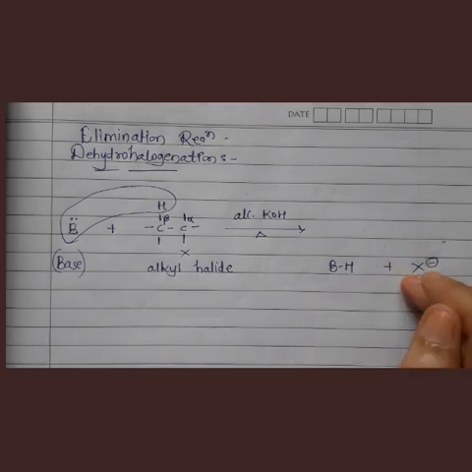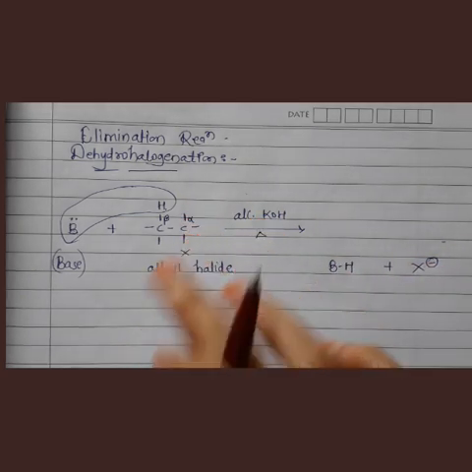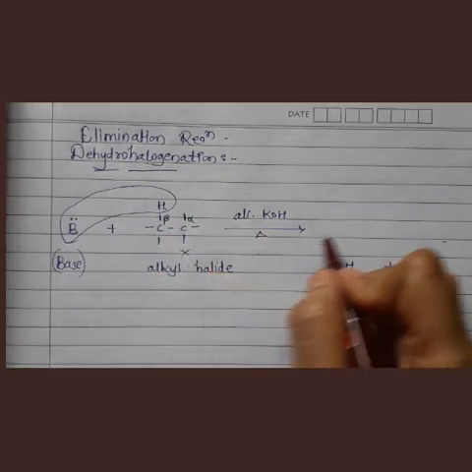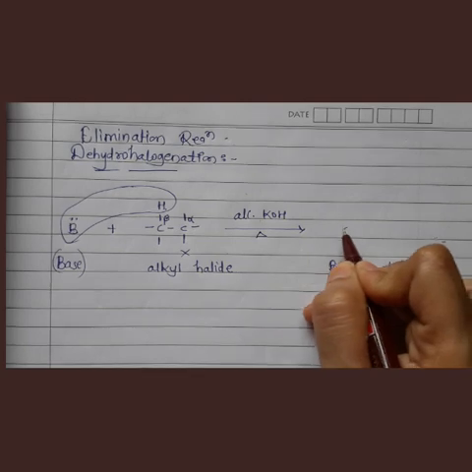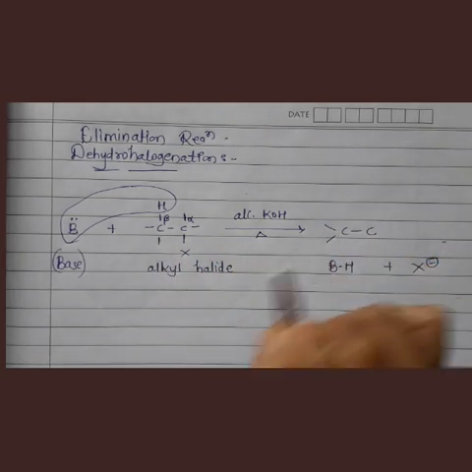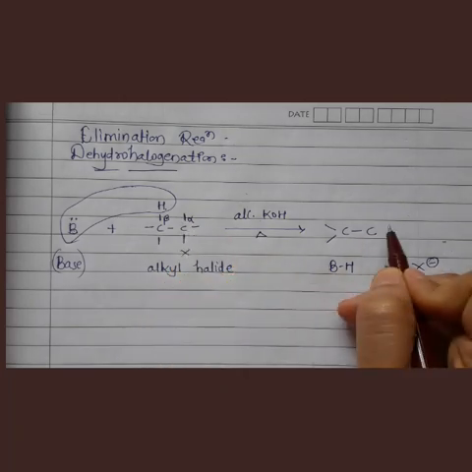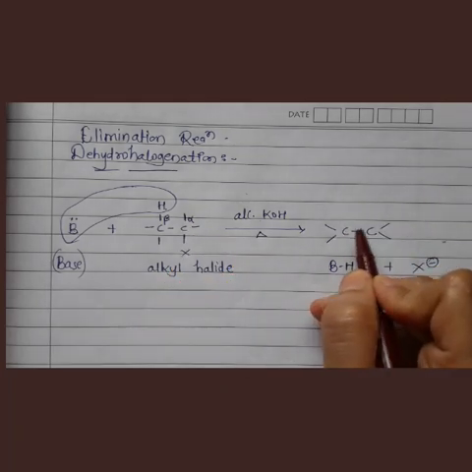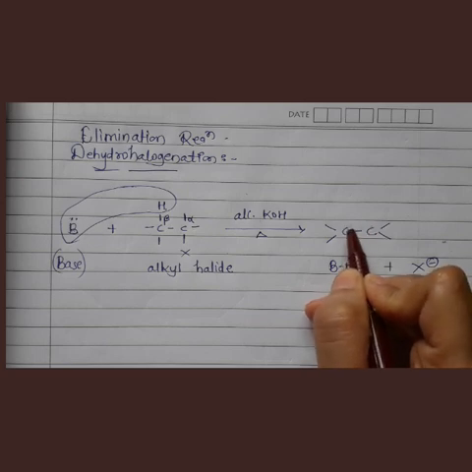So here elimination has completed. Now what is remaining that we have to see. This hydrogen is gone. This halogen also gone. That means this carbon carbon already single bond is there. Then these two bonds we have to show. These two bonds also we have to show. Understand? Now this carbon has one electron. This carbon has one electron. With the pair of electrons they will form one more bond.